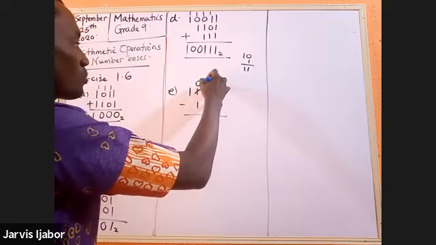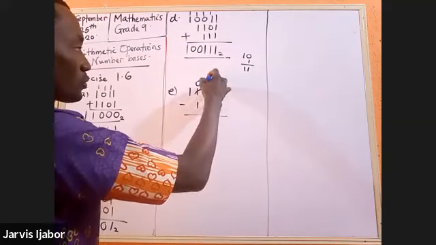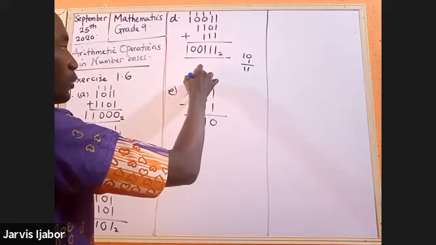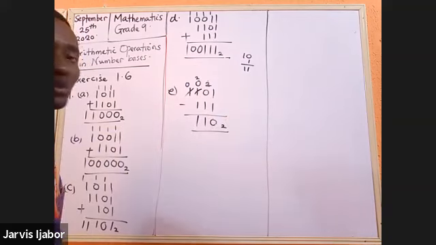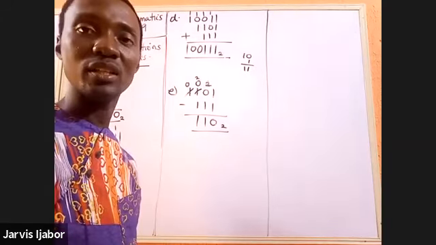So that will be 2 minus 1, which is 1. You borrow 1 again from here to now be 2. 2 minus 1 will give you 1. So that will be the answer to the question.